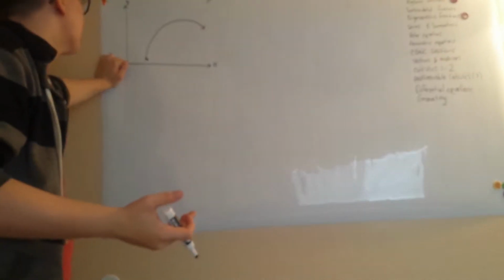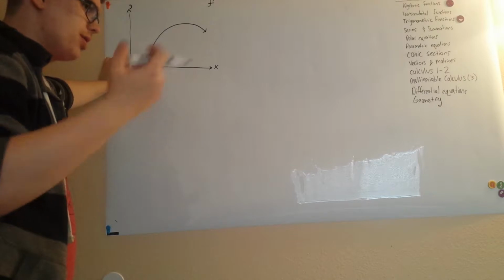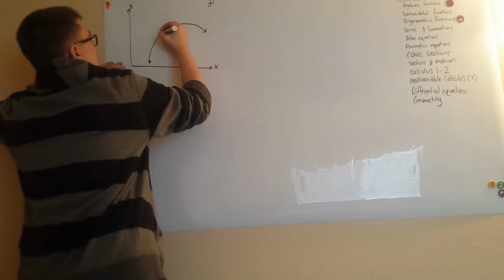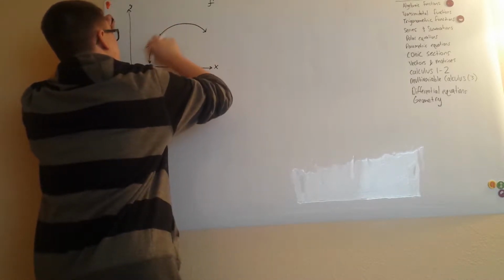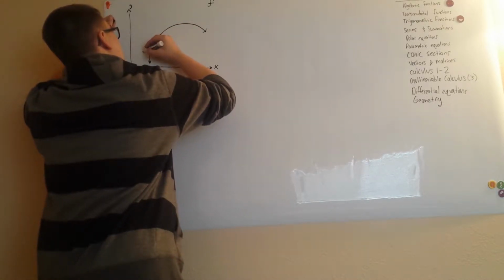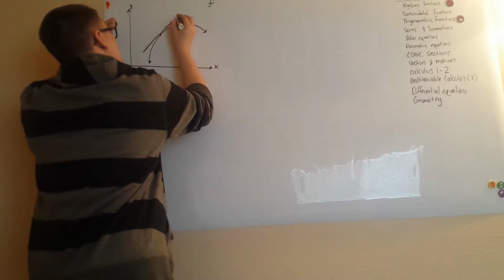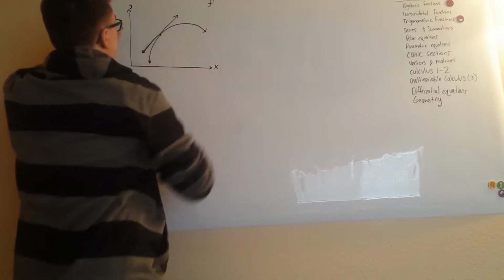Now what does that mean? Well, the slope of the tangent line is if we get one point and we draw a line through that point. We draw a line that touches just that one point.